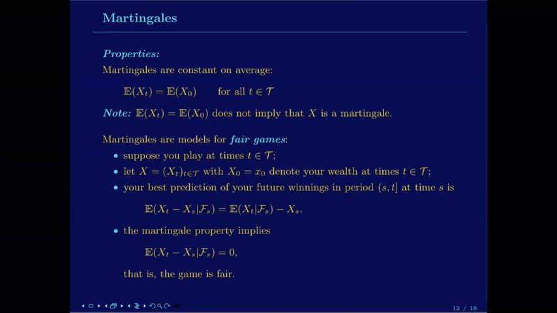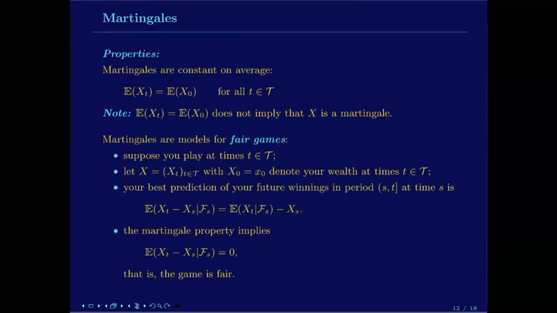About the interpretation of martingales, so what are martingales? We often use them as models for fair games. So suppose you play at the times of the index set. You can have games at discrete points in time or continuously over time. And the stochastic process of interest describes your wealth at these times.